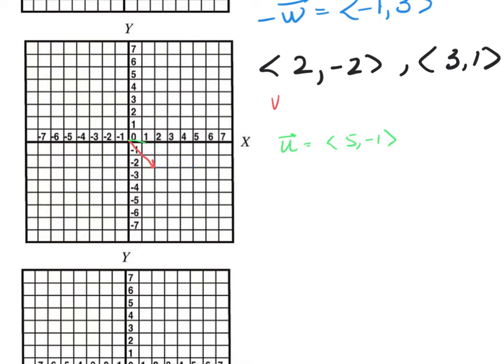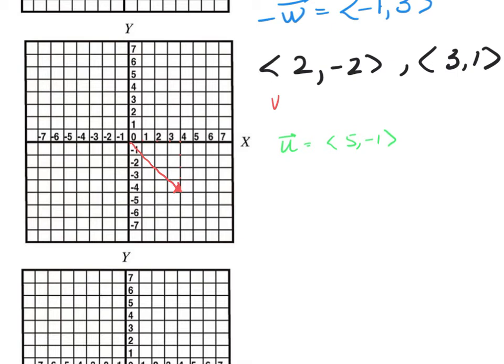Similarly, when I scale my v vector, it's going to go positive 4. So let me go back to my red. 1, 2, 3, 4, and it's going to go down 4. 1, 2, 3, 4. So here is 2 times v.